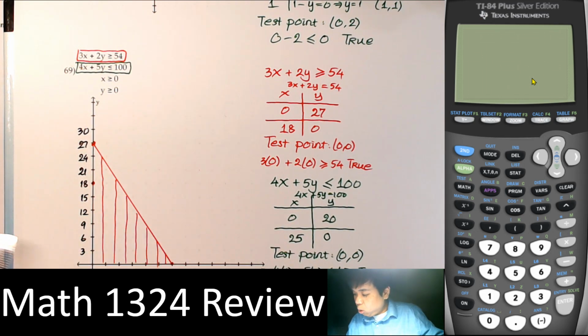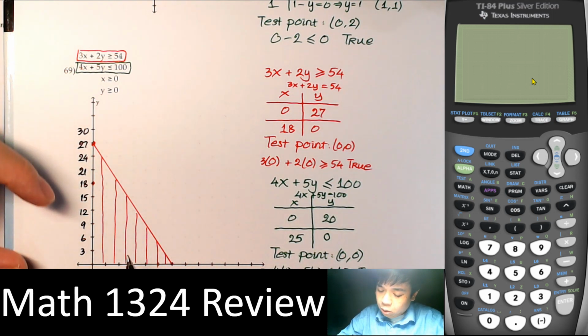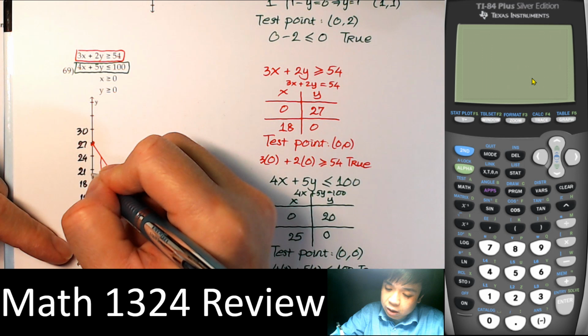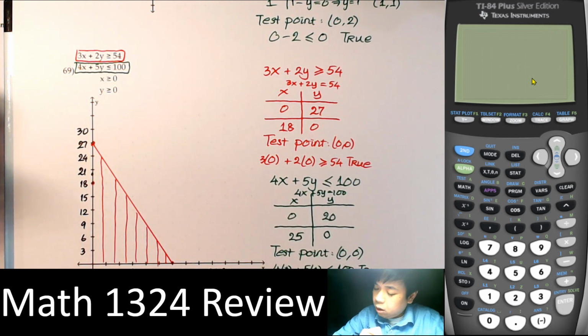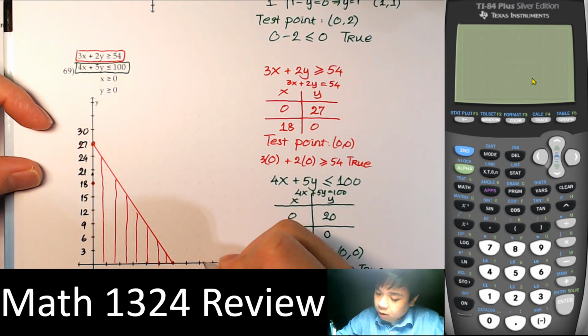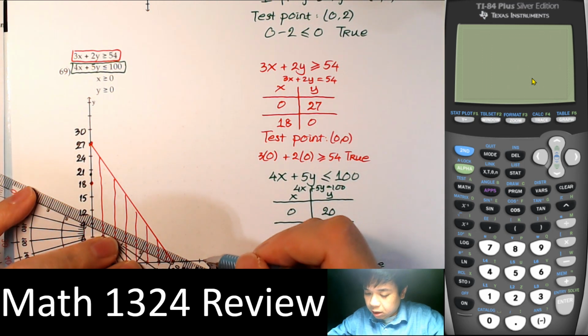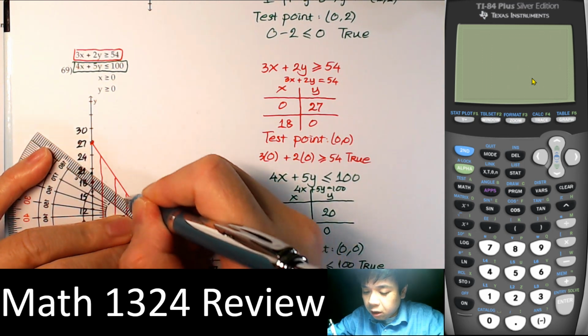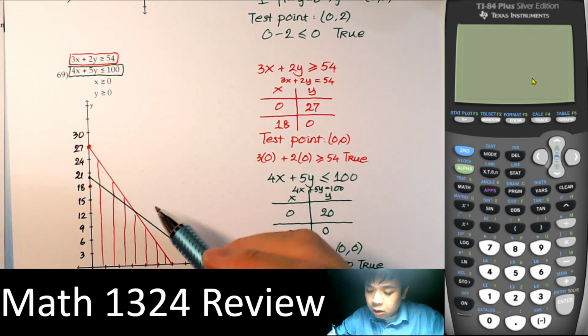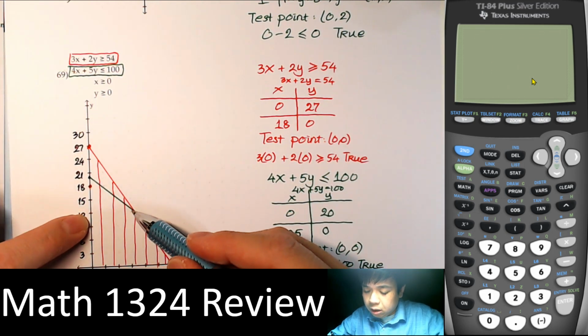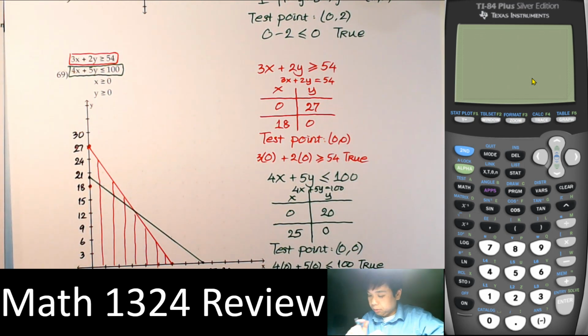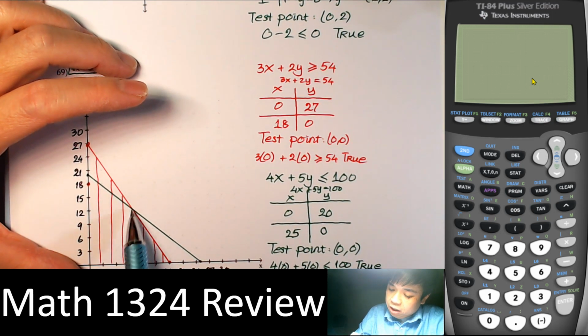Next step, 0 and 20. x equals 0, y equals 20. And then x equals 25, y equals 0. So this line. Yeah, we'll find the intersection later.